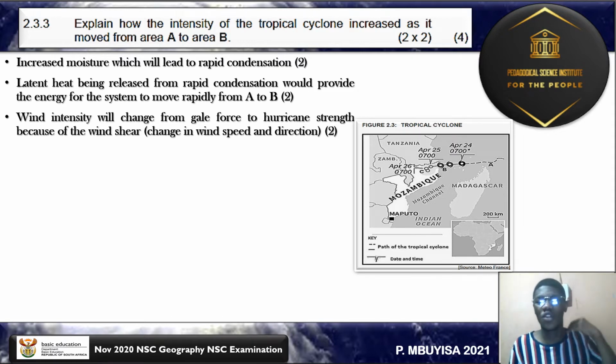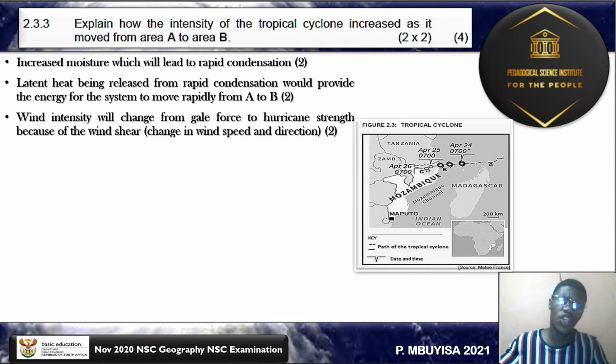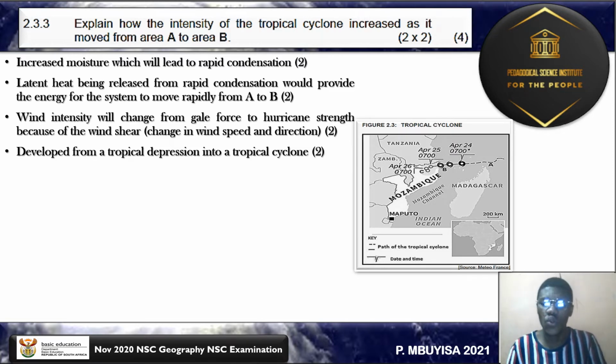And we say that because of the change in wind speed and direction, we have these strong winds that have a humongous effect over the regions in which the cyclone is going to pass, and they may cause coastal flooding, because the flooding of coastal regions, that's one of the changes you can observe. And we have developed tropical depression into a tropical cyclone.